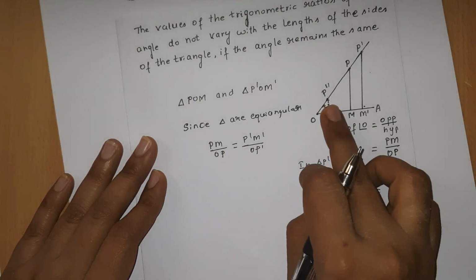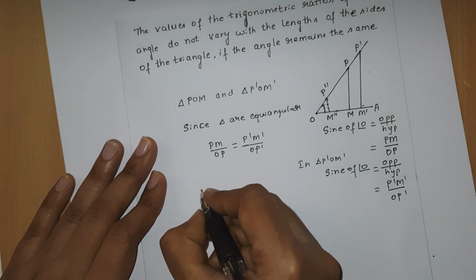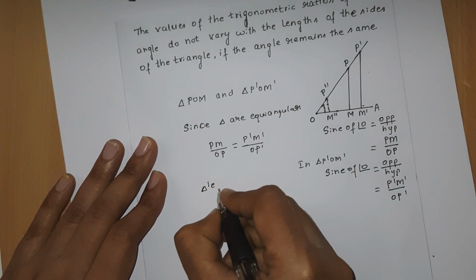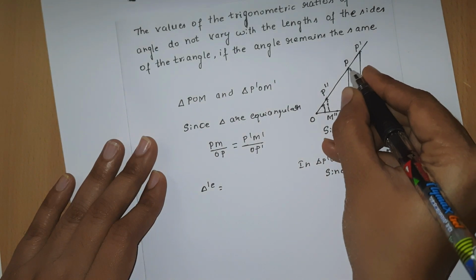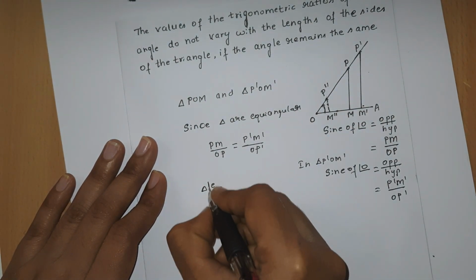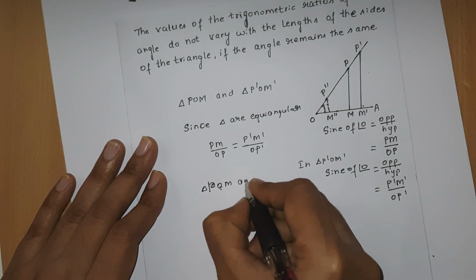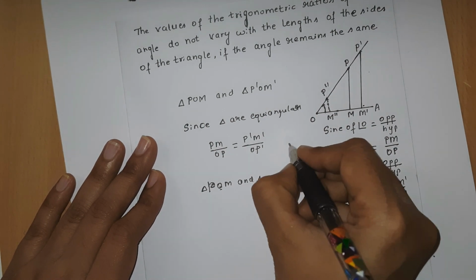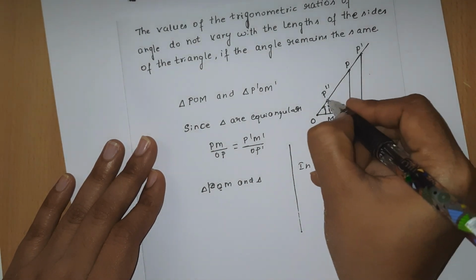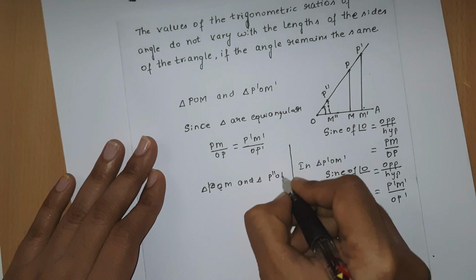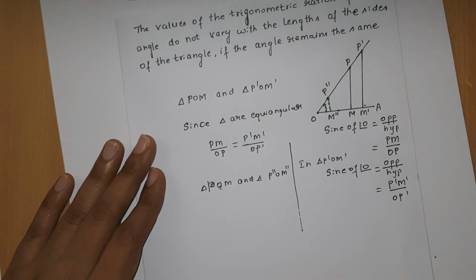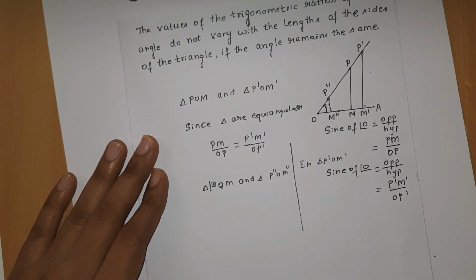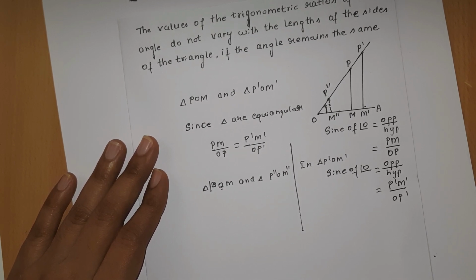Similarly, now consider triangle POM and triangle P double dash OM double dash. I have written P dash and P double dash just to show you that the points are different from P. Clear?